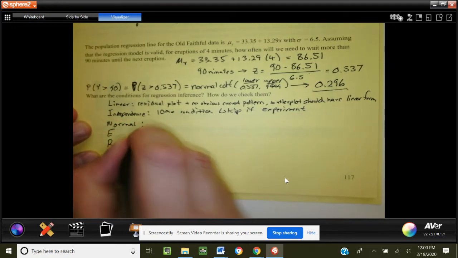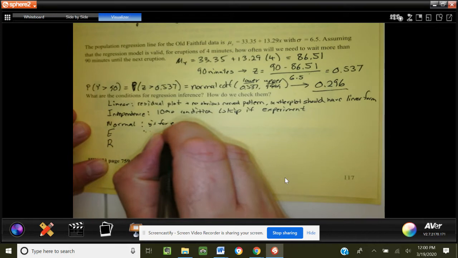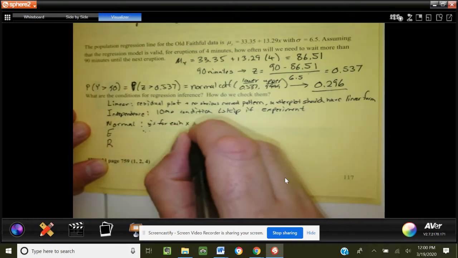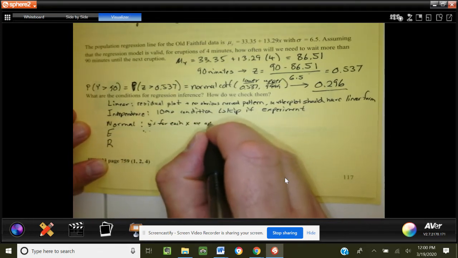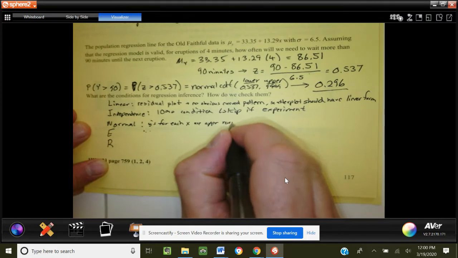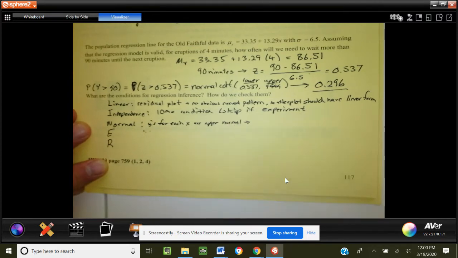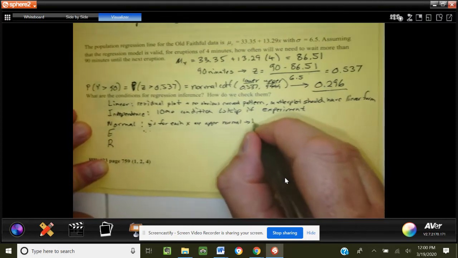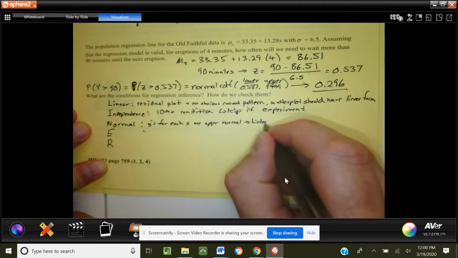In the normal condition, this one's going to be a little bit new. We're basically saying the Y's for each X are approximately normal. So to check that, we're going to look at a histogram of the residuals.